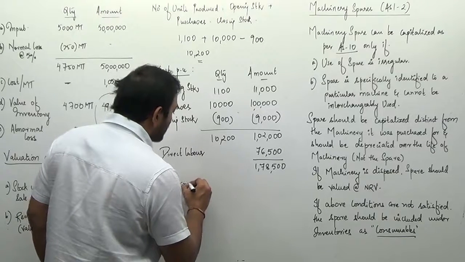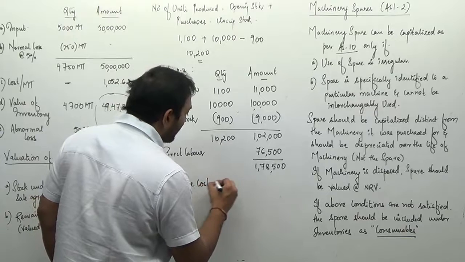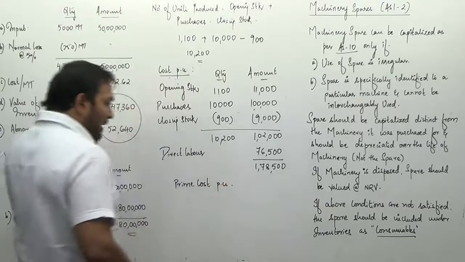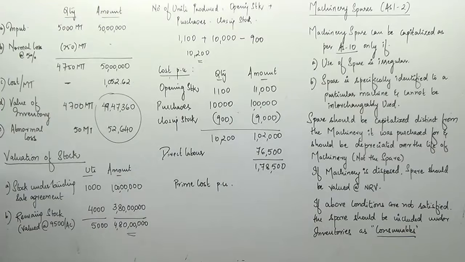This is called as prime cost per unit. Identify the prime cost per unit. 1,78,500 divided by 10,200 units.